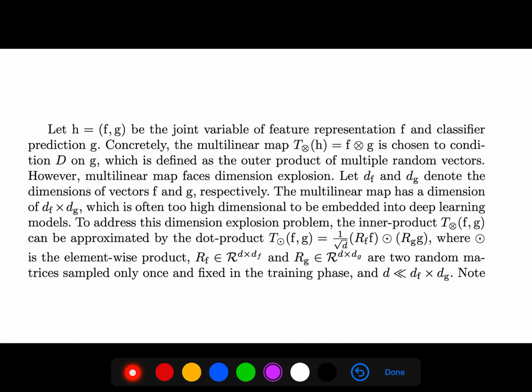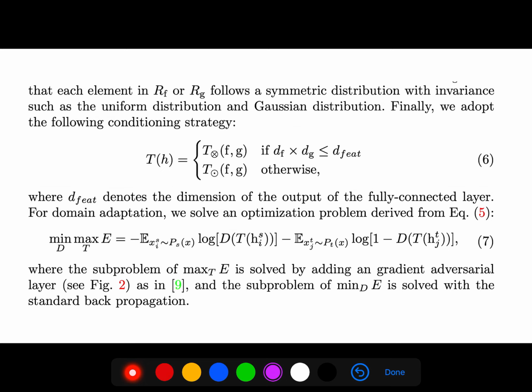It has a dimension of d sub f times d sub g, which is often too high dimensional to be embedded into deep learning. To address the dimension explosion problem, the inner product can be approximated by the dot product. And so finally, we adopt the following conditional strategy, where d sub phi denotes the dimension of a fully connected layer.